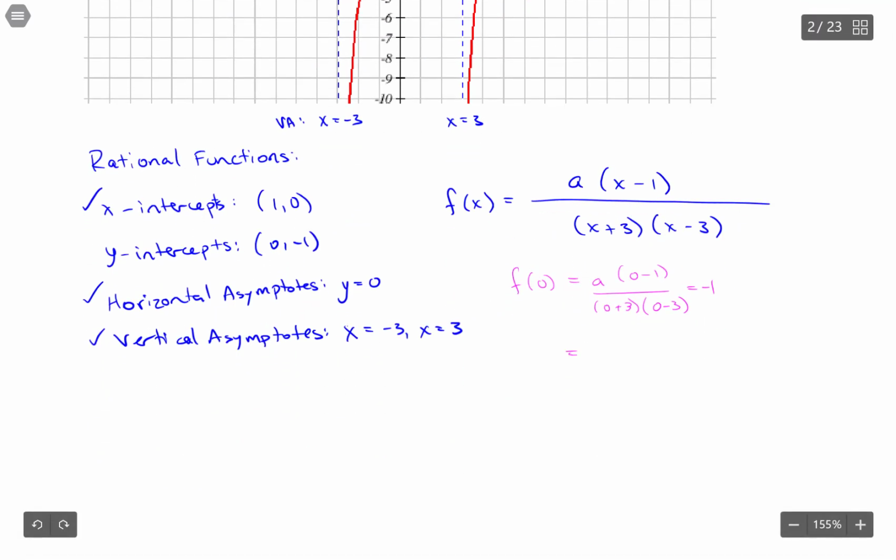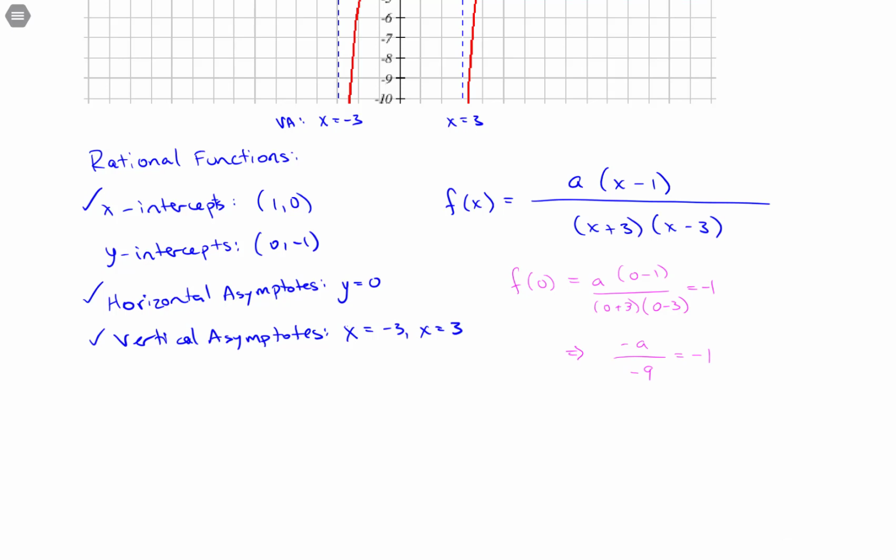All right, so that means in the numerator I've got 0 minus 1 is negative 1, so negative a in the numerator, and then 3 times negative 3, so that's negative 9 in the denominator. And I apologize if my a looks like a 9. All right, so there we are. So now this is the equation I'm working with.